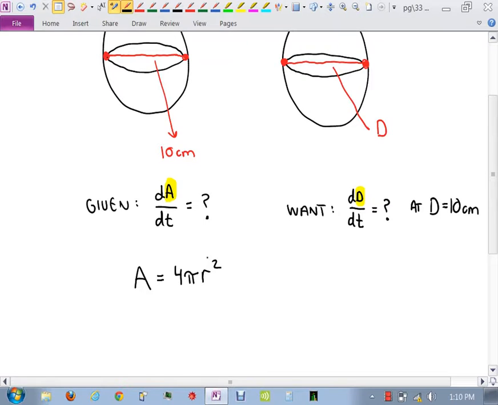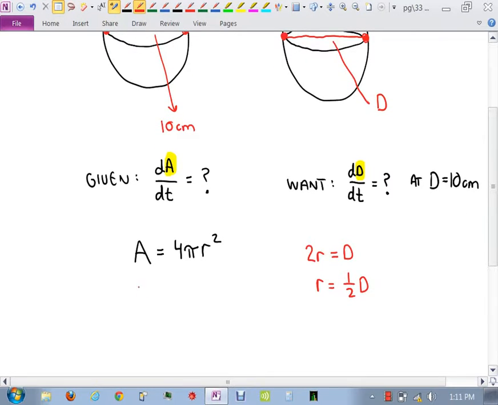However, I know the relationship between radius and diameter, don't I? We all should know that if you take twice the radius, you get the diameter, right? So if I solve this for radius, the radius is half the diameter. So I could come back to this formula, area equals 4 pi, but instead of r squared, I could put 1/2 d squared.